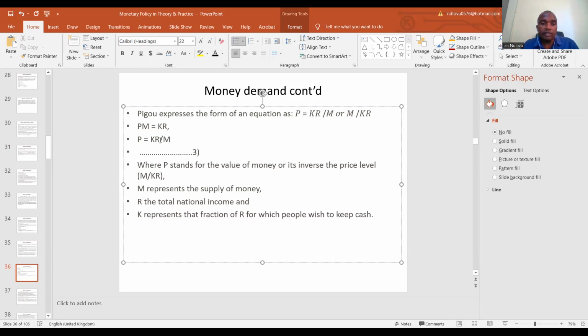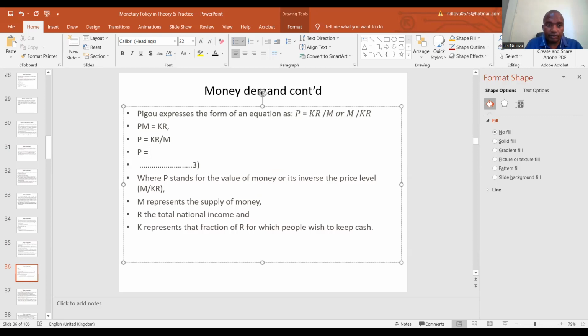If I want to have M over KR as an element, I will say P is equal to 1 divided by, open brackets, M over KR.